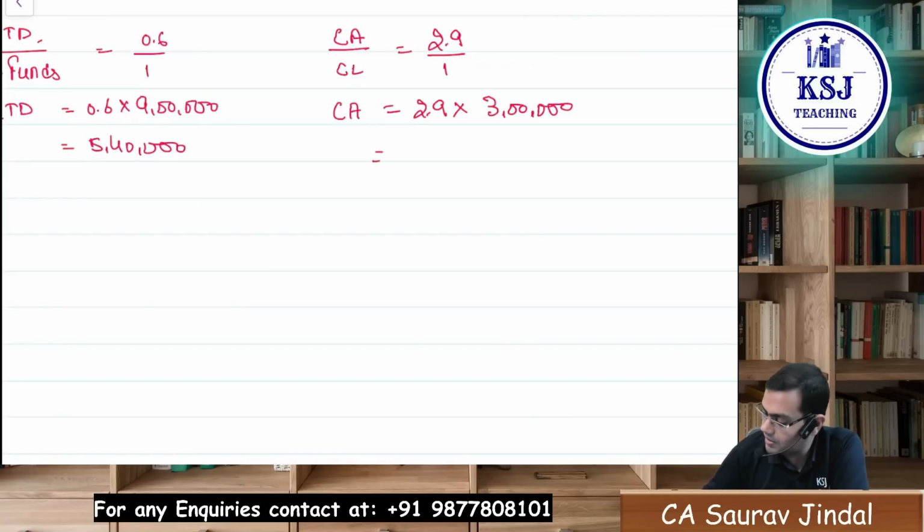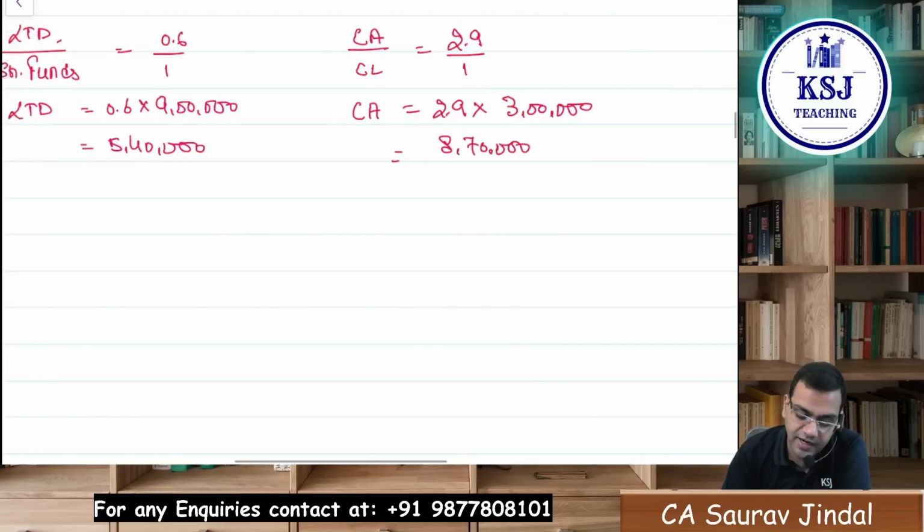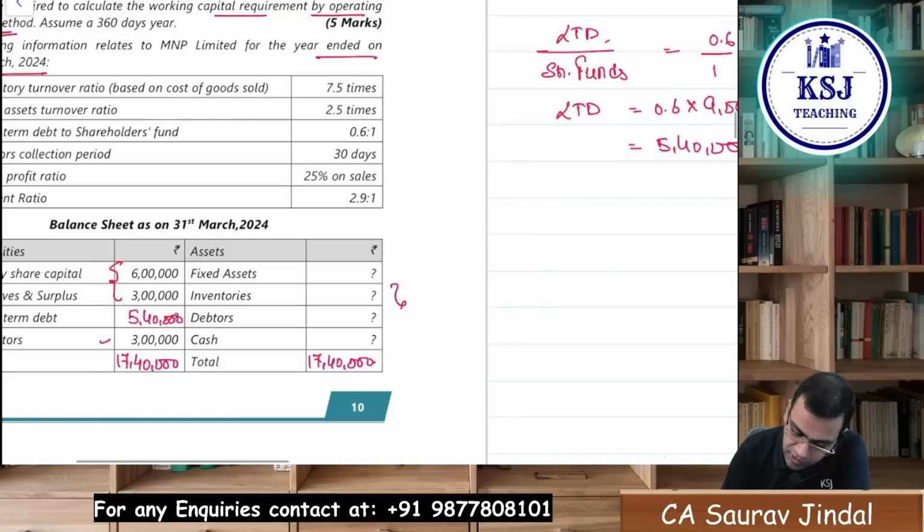So it will be 3 lakh multiplied by 2.9, that is 8,70,000 of the total current assets, right? This total of current assets is 8,70,000. Now from the total assets, if I subtract my current assets, I will get the value of fixed assets: 17,40,000 minus 8,70,000. So my fixed assets here is 8,70,000.